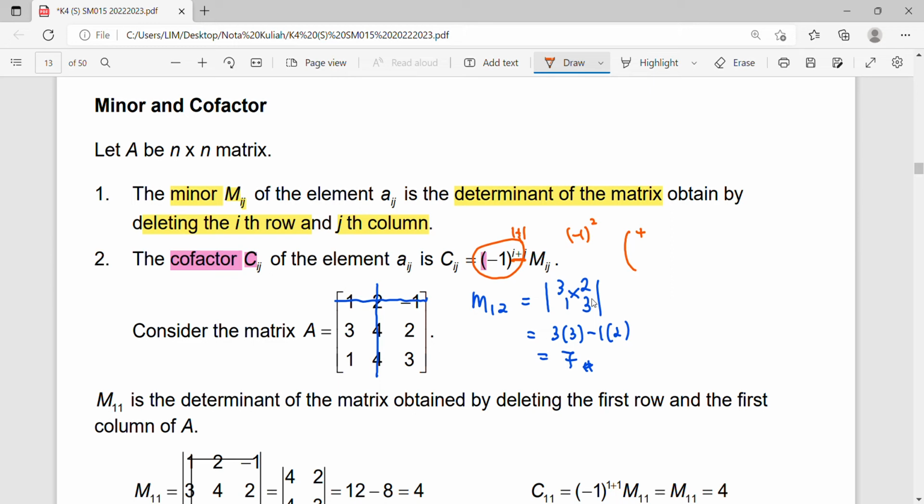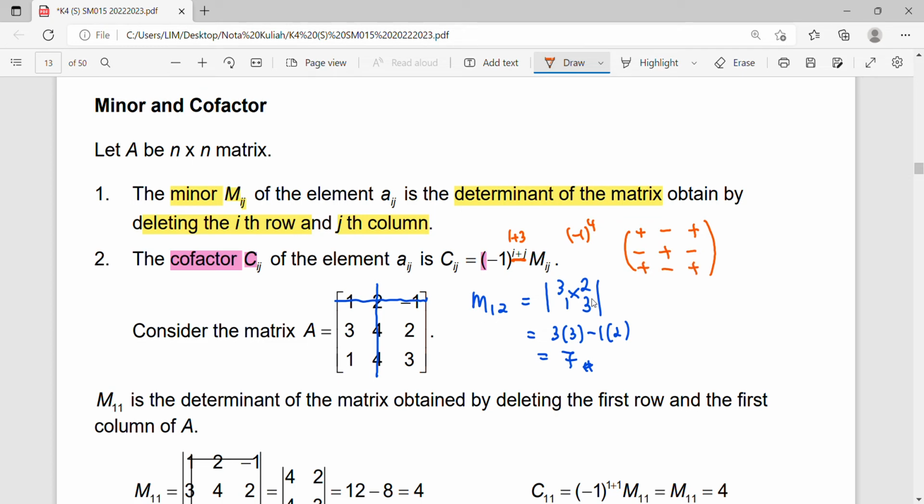First row, second column will be negative, because 1 plus 2, negative 1 to the power of 3, is negative. First row, third column, negative 1 to the power of 4, so it will be positive. And so on: negative, positive, negative, positive, negative, positive.